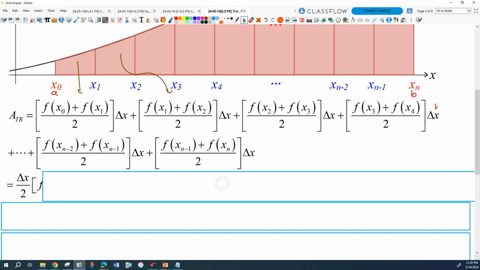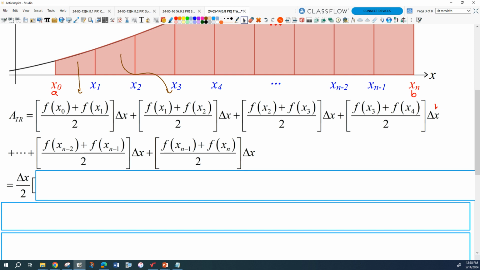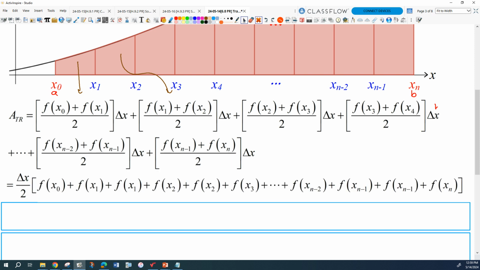I could factor a delta x over 2 out of each of these terms, couldn't I? Everybody agree? If I factor out a delta x over 2, what I'm left with is f of x sub 0 plus f of x sub 1 plus f of x sub 1 plus f of x sub 2 plus f of x sub 2, and so on. Doesn't it just look like that?